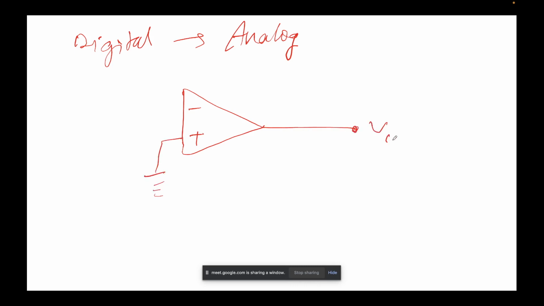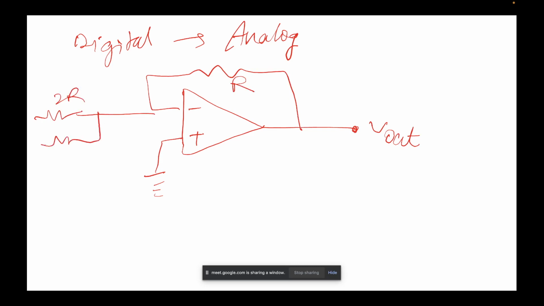So this is the output node, and we feed this using a resistor, I think R here, and here we have a bunch of, let's say, 2R, 4R, 8R, and here are the bits: the first bit, the second bit, the third bit, and so on.